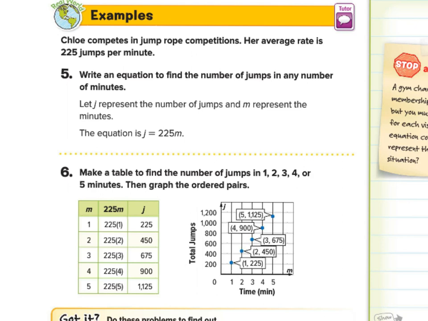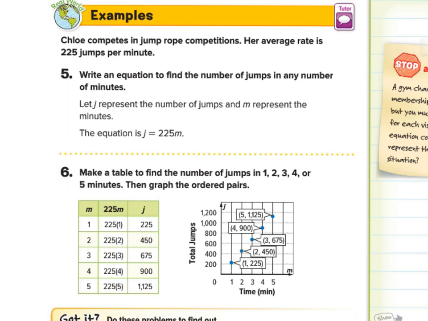Example 5. Chloe competes in jump rope competitions. Her average rate is 225 jumps per minute. So that's our unit. If she continues at this rate, 2 minutes will be double this number of jumps, which would be 450. Write an equation to find the number of jumps in any number of minutes.